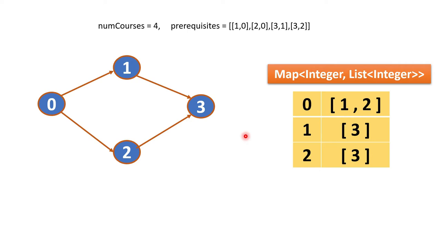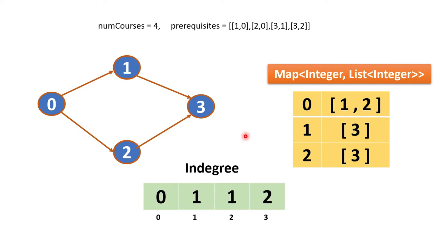And then, as you know Kahn's algorithm, there we have to maintain one in-degree array. That array length will be the same as the number of courses. So here we have 4 courses. So it is 0, 1, 1, 2. Then in-degree means what? How many edges are coming towards this node.